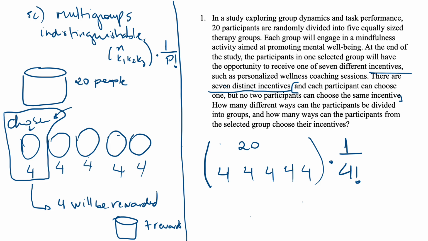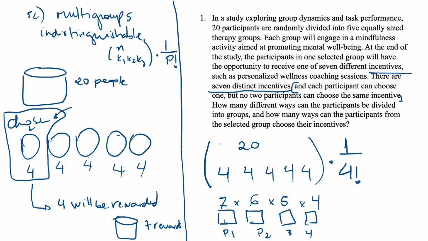So the second part is this. I have person 1, person 2. Think about a tree where you have 4 layers of decision. The first person is coming in, and the first person has how many options? 7, right? The second person has how many options? 6, 5, and 4. Okay?